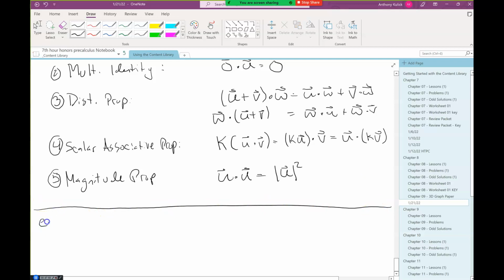Let's do some numeric examples now. Let's say u is the vector 2, 3. V is the vector -1, 5. And W is the vector in linear combination form 8i plus 4j.